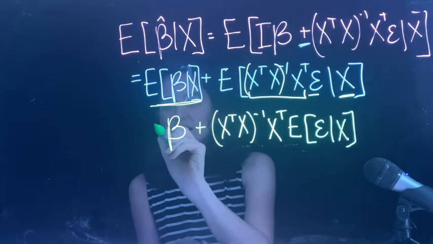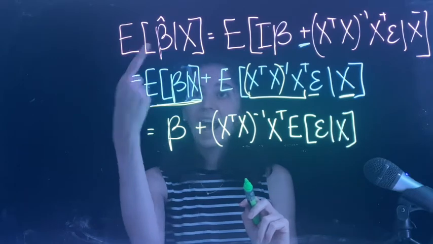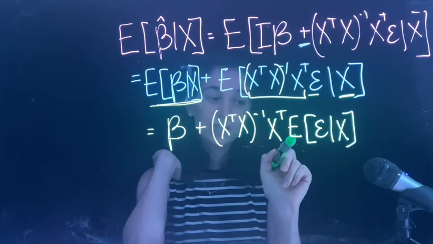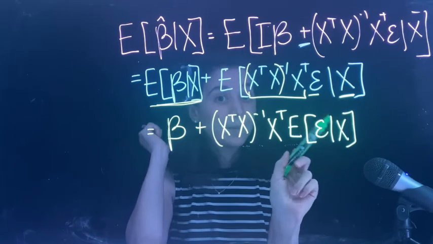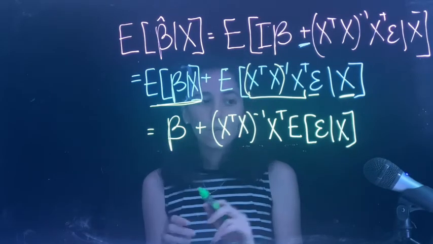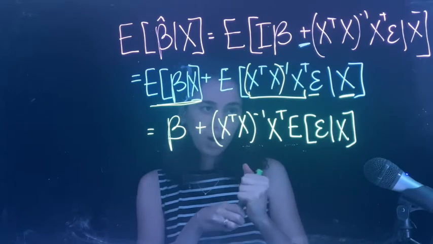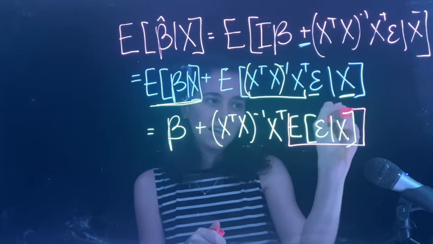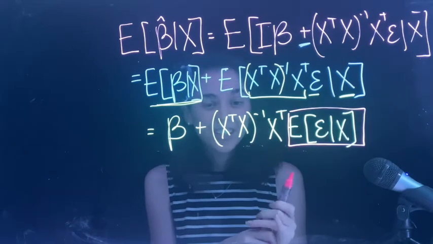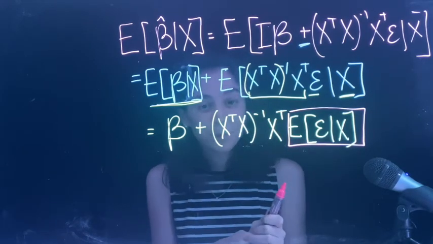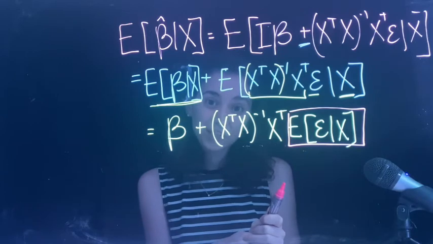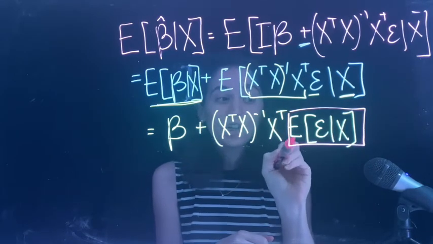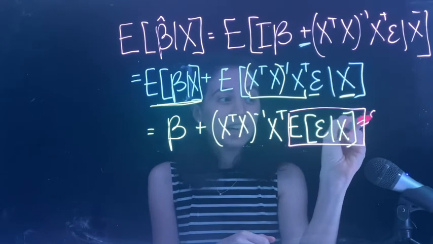So now the expectation of beta hat given x is equal to beta plus (x transpose x) inverse x transpose times the expectation of epsilon given x. What's going on with this little part, the expectation of epsilon given x? I gave you a rule early on, and maybe you'll remember it from your previous statistics class where you first learned about linear models. It's an underlying assumption of linear models that this is 0.